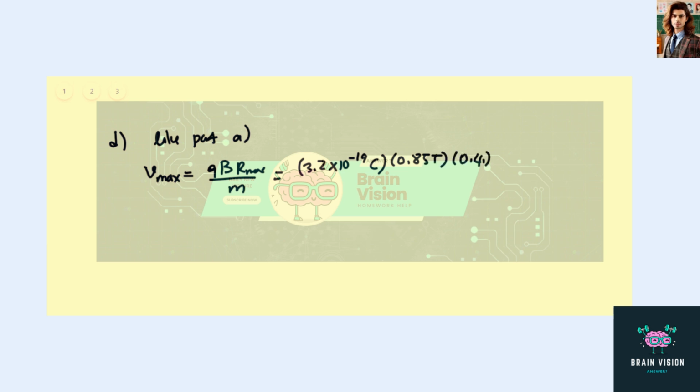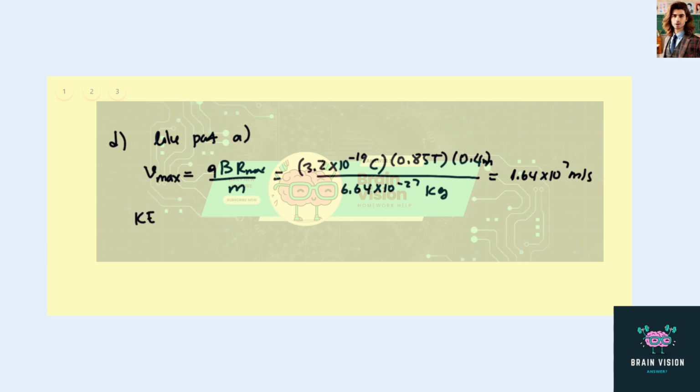The radius is 0.4 meters. The mass for the alpha particle is 6.64 times 10 to the power negative 27 kilograms, almost like 4 times the mass of a proton. So from here, we calculate the v max for an alpha particle to be 1.64 times 10 to the power 7 meters per second.